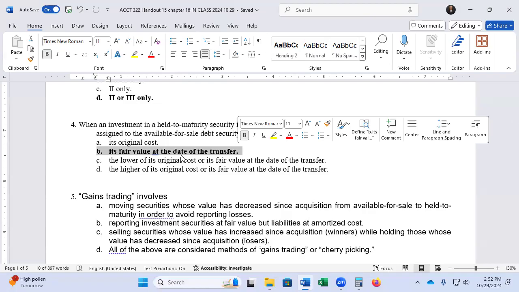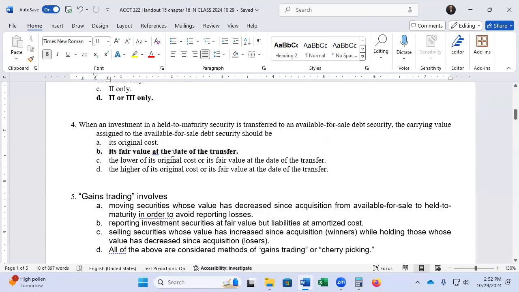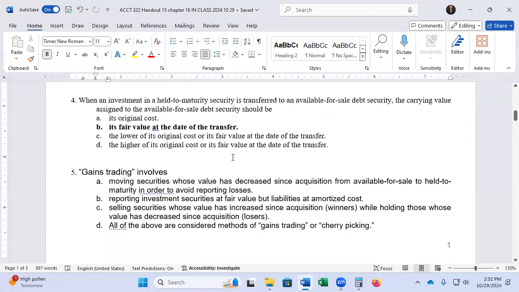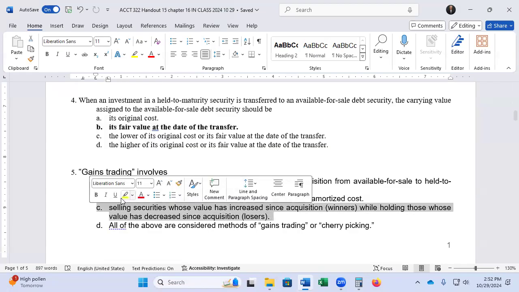We're either going to hold it till it matures and we have no plans to sell it. Gains trading involves selling the securities that you have gains on. So that is C.